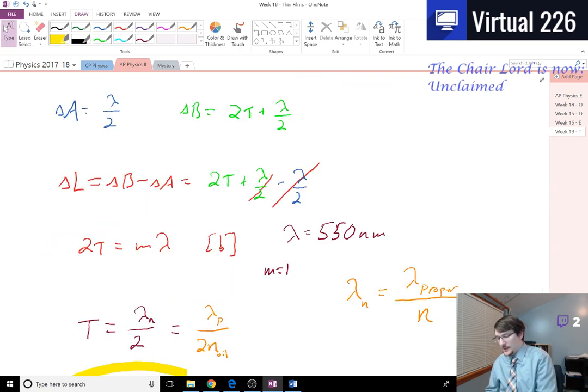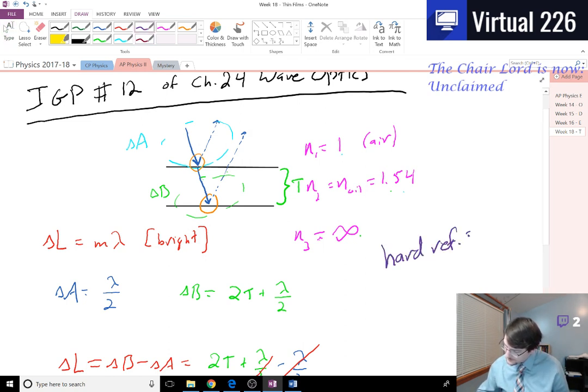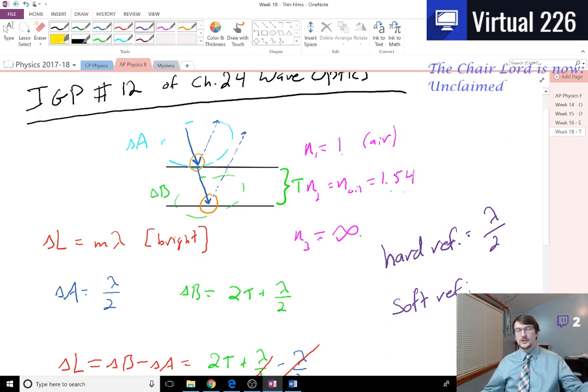Okay. Every time we do one of these problems, it's best to set up this scenario. Remember, hard reflections, we get a wavelength shift of lambda over 2. Soft reflections, whenever our initial index of refraction is higher than the one we're going into, we get nothing, nothing happens.